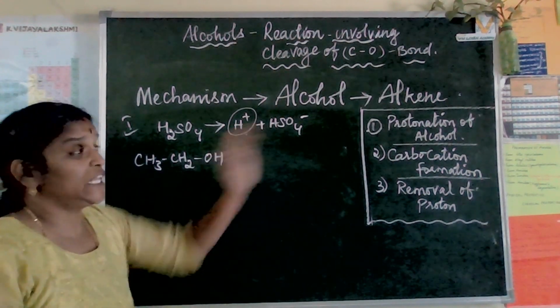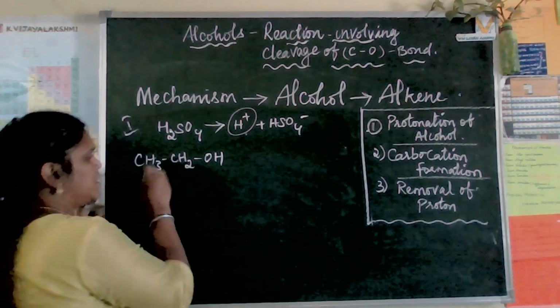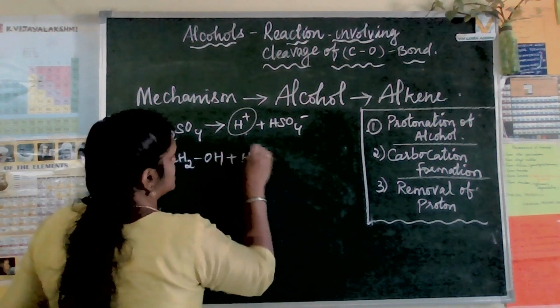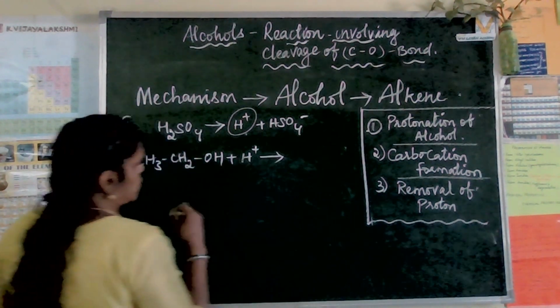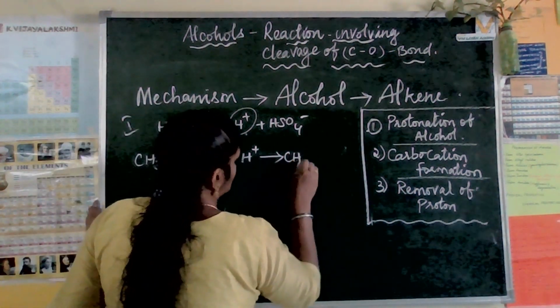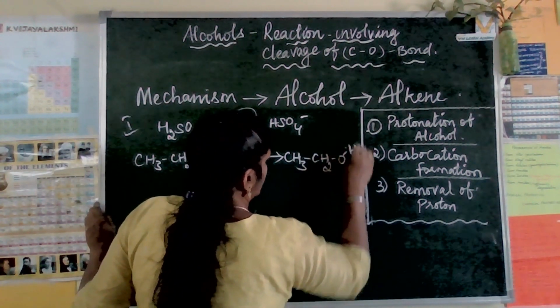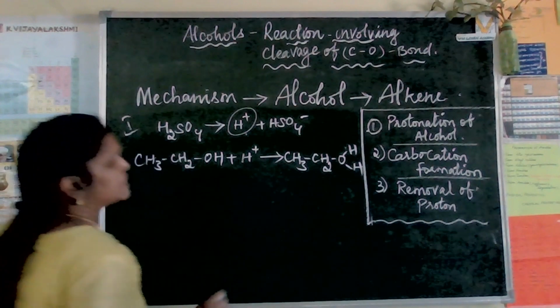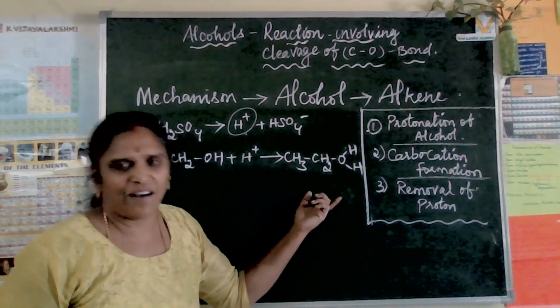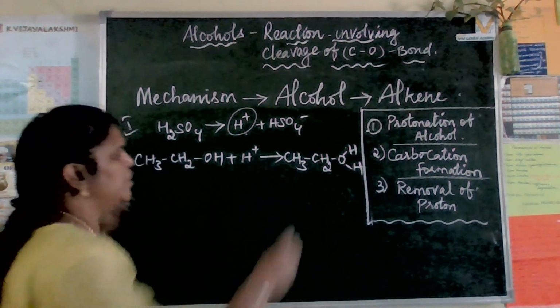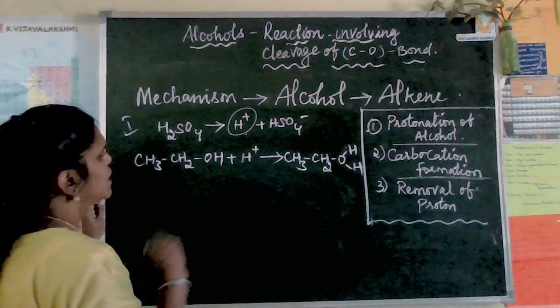Ethanol to ethene, ethene to ethanol. Now ethanol combined with this H plus ion, that is proton, gives CH3 CH2 O with two hydrogens. This is the protonated alcohol. First step got over.